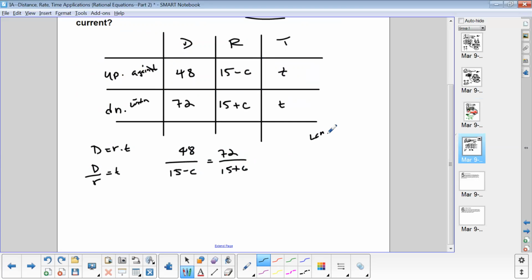Again, you can use LCMs, or you can cross multiply here, and that'll give you 48 times 15 plus C is equal to 72 times 15 minus C.